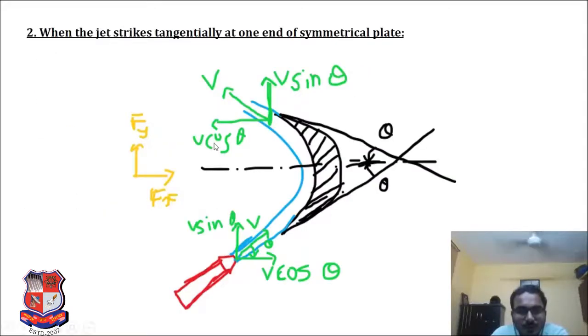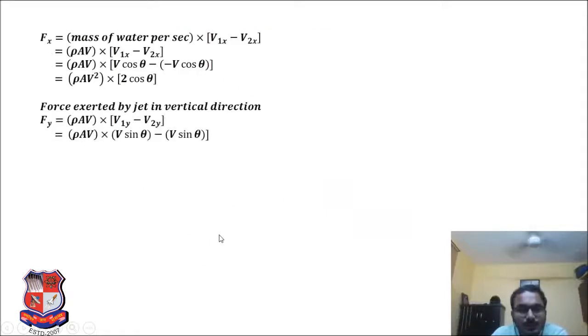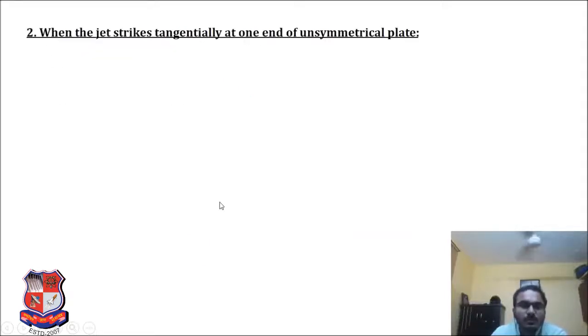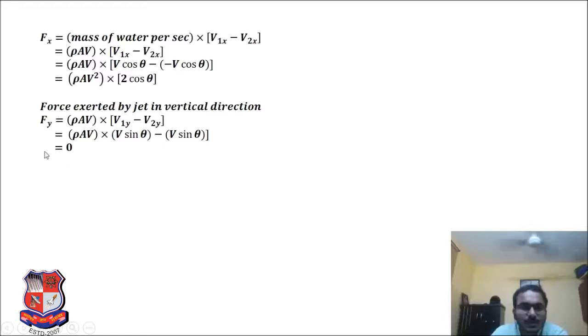See, here the initial component is also in positive y direction and the final component is also in positive y direction. So both will nullify each other and it will become 0. Yes, it is becoming 0 here, so Fy will be 0 in this case.